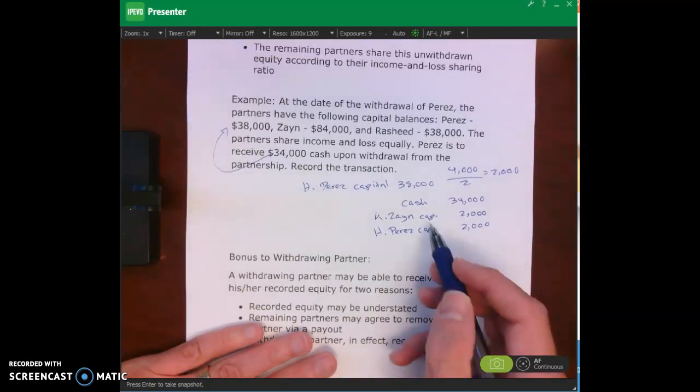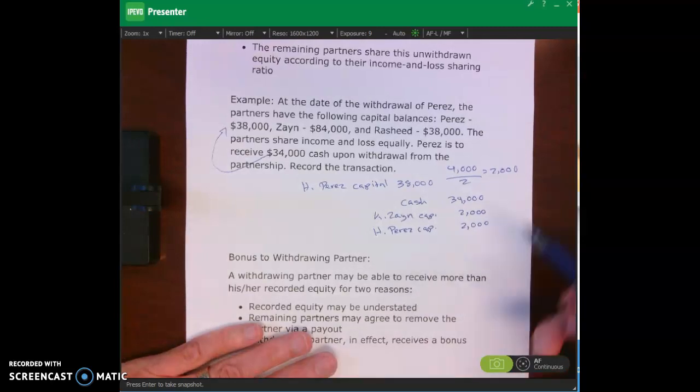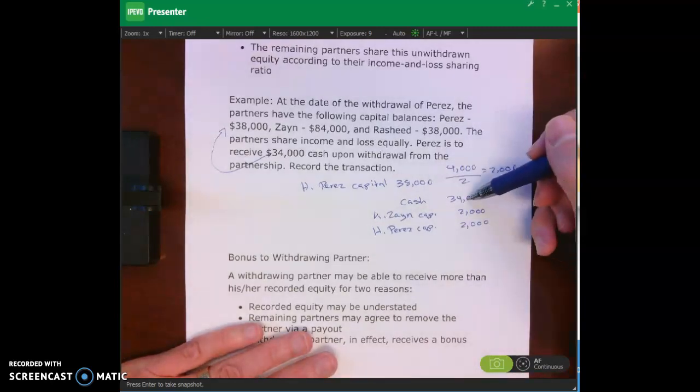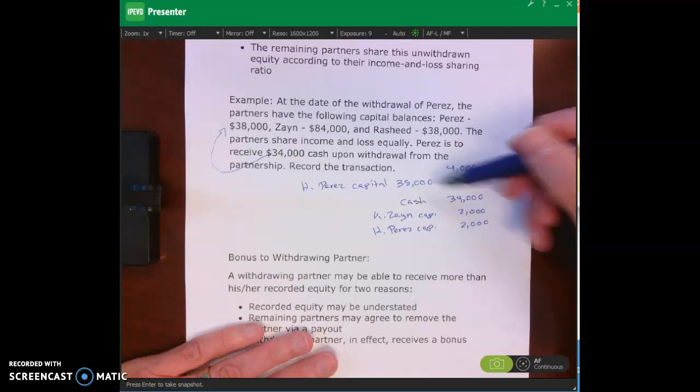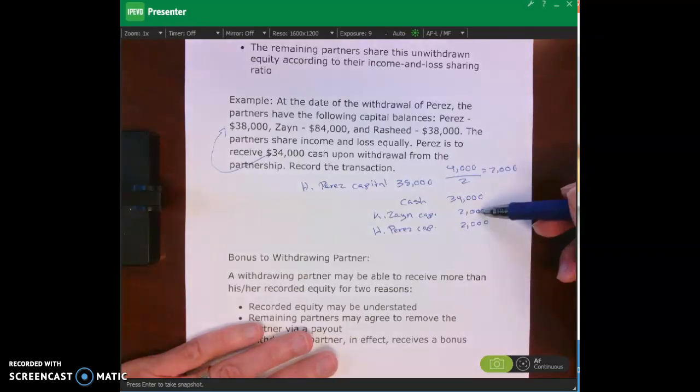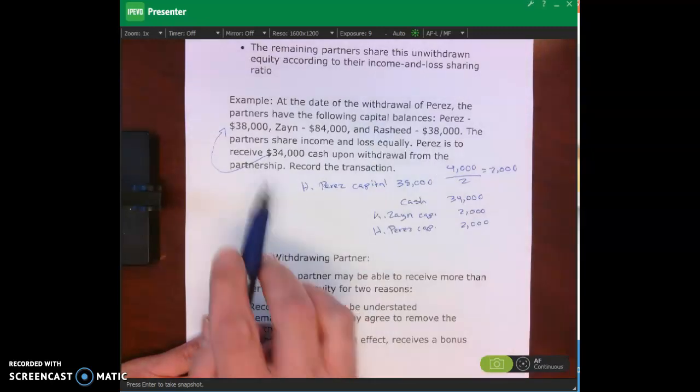So I'm increasing their capital accounts. I'm taking the difference between how much cash Perez is taking out and his balance in capital, and spreading it among the existing partners' capital accounts. Okay, so that's the situation.